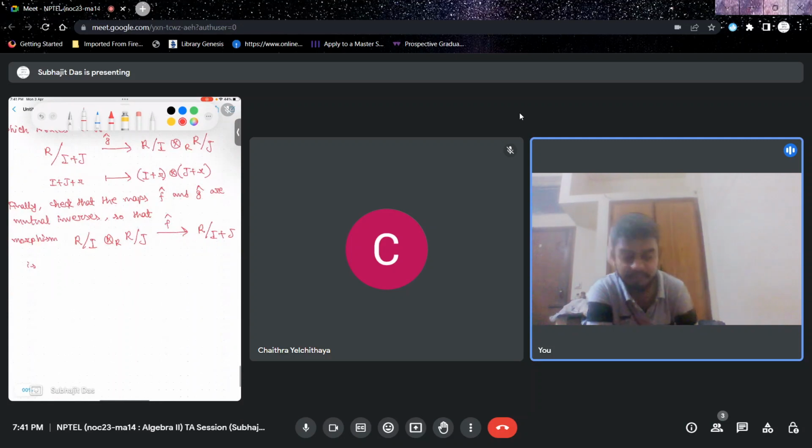This morphism f hat that we took initially is an isomorphism of R modules.